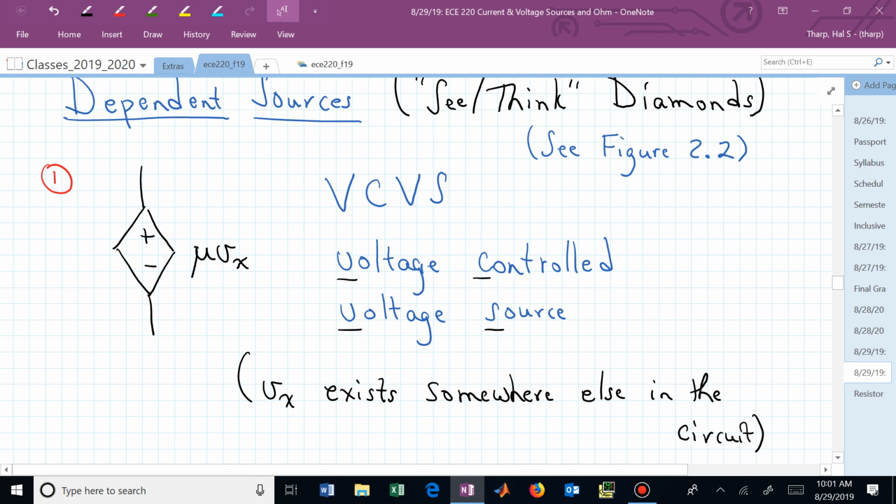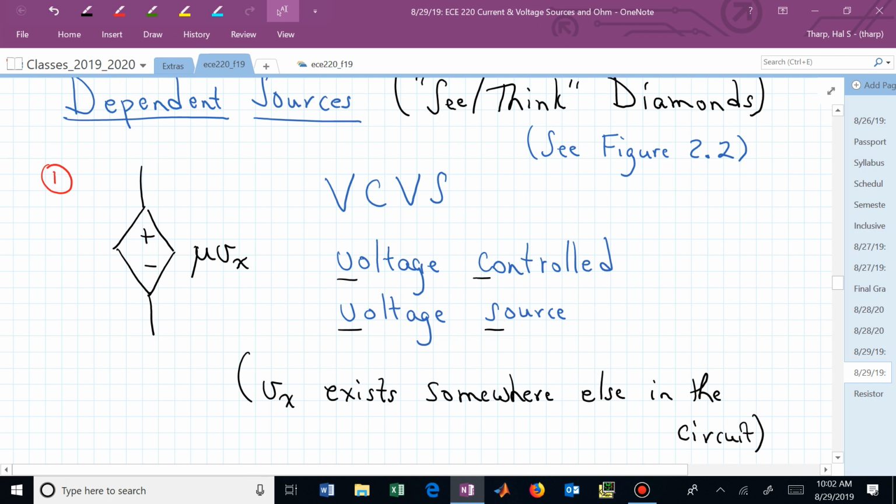This is what somebody might call a VCVS, a voltage-controlled voltage source. Let's say mu is 2, and somewhere else in the circuit, V sub x is 5. What's this dependent source's value? Mu was 2, V sub x was 5.